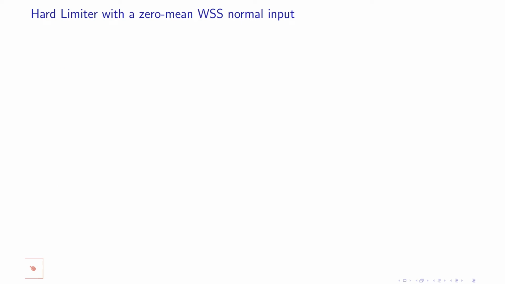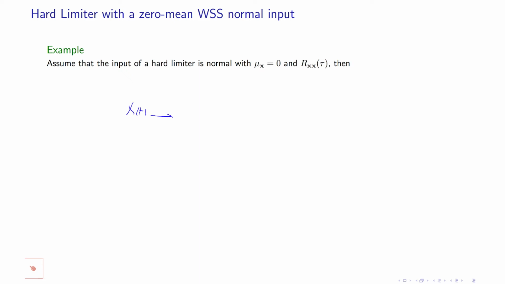So a hard limiter, if the input is a 0 mean wide sense stationary normal input, can be used to calculate the autocorrelation function of the output. Assume that x of t is given to a hard limiter. The output y of t is a random process which takes only values plus minus 1. This circuit is a very simple electronic circuit.